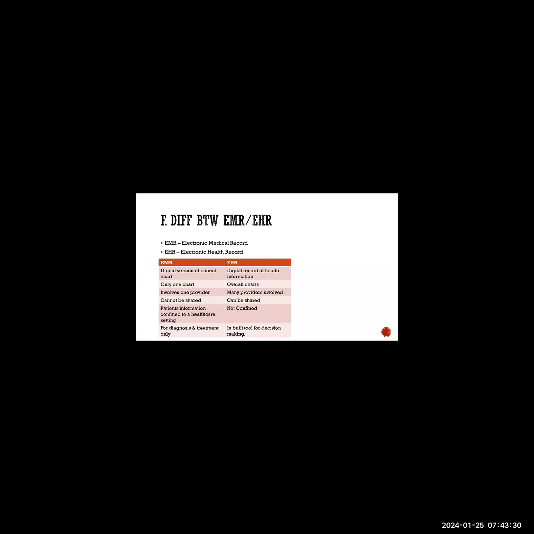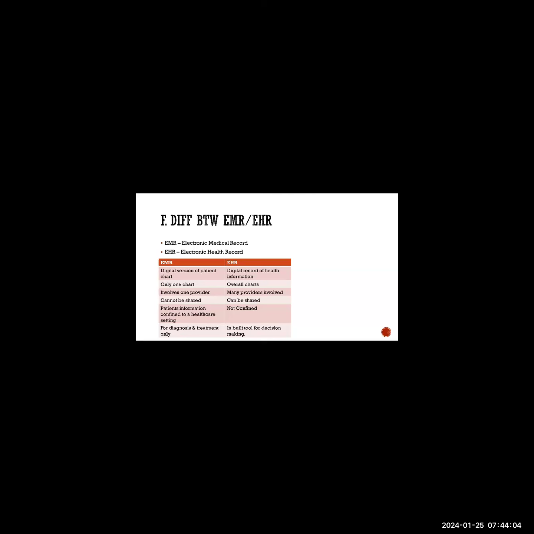For the differences between electronic medical record and, the question reads HER, I think it's EHR. Electronic medical record is EMR, and electronic health record is EHR. Electronic medical record essentially is a digital version of a patient's chart, while the digital record of the health information concerning the patient will be under electronic health record.